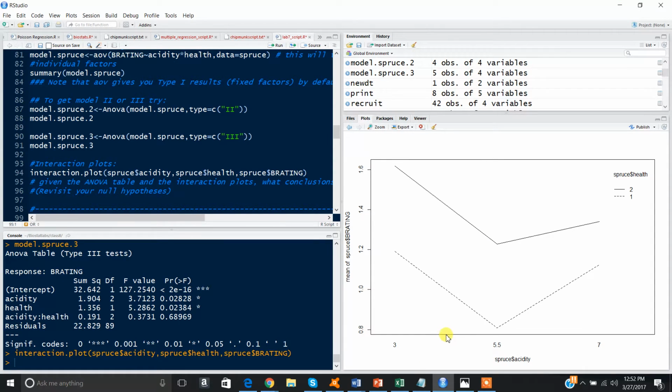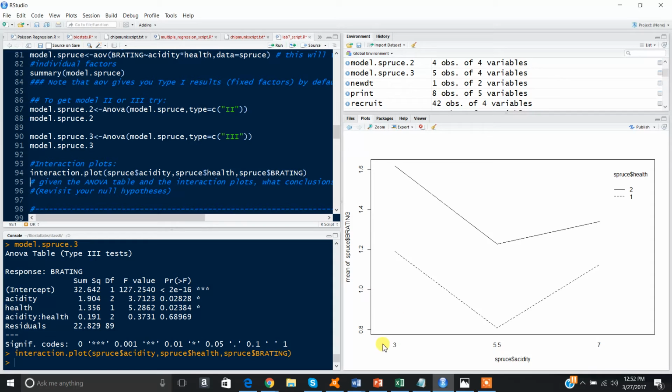So we'll go back into here. Based on all of that, we can interpret this plot. The lines do not cross, which means there is no interaction based on what we see here. However, there's a clear effect from acidity and health, because both lines have slopes and impact the mean of the spruce B rating.